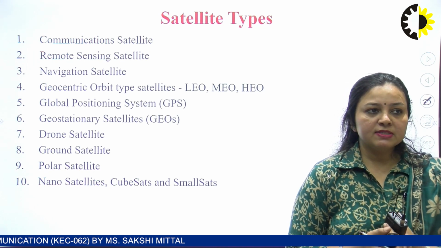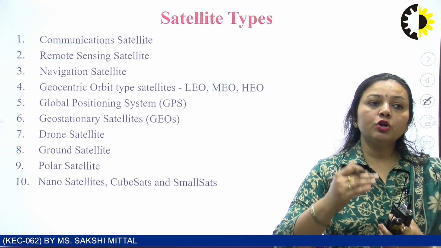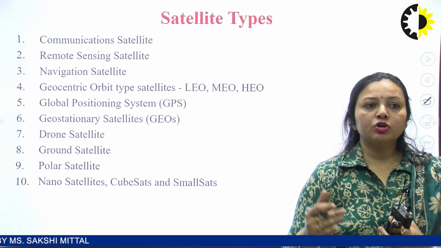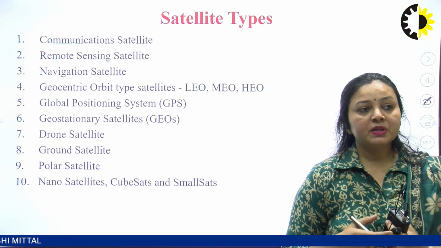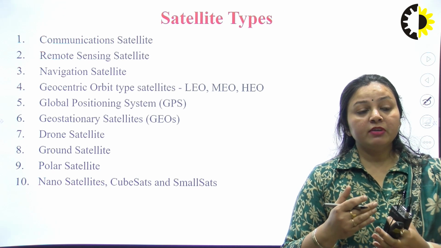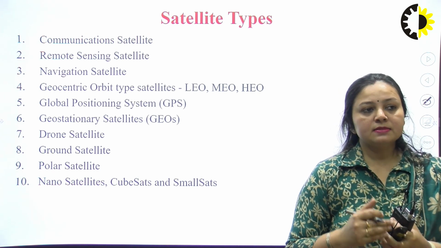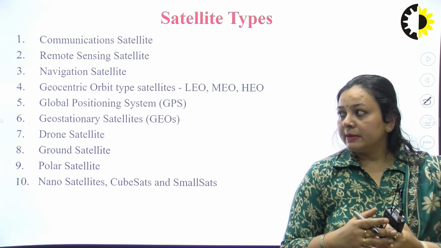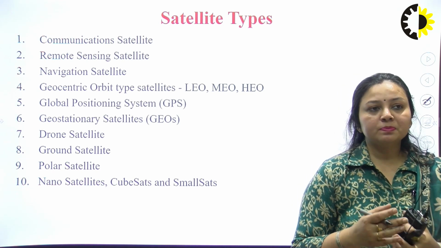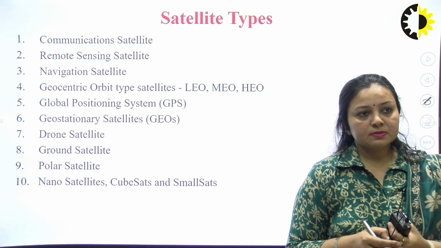Or we can classify them according to orbit type: low Earth orbit, medium Earth orbit, then high Earth orbit satellites. We can also vary them according to their size: nanosats, CubeSats, small sats. So all these types of satellites can be varied according to their applications.